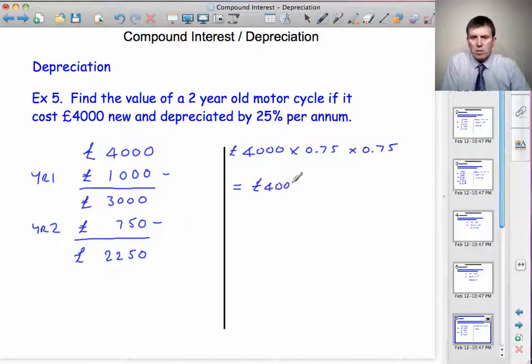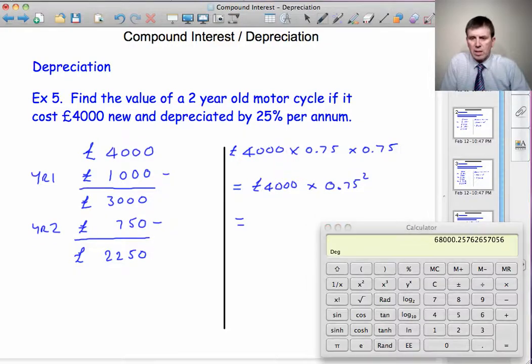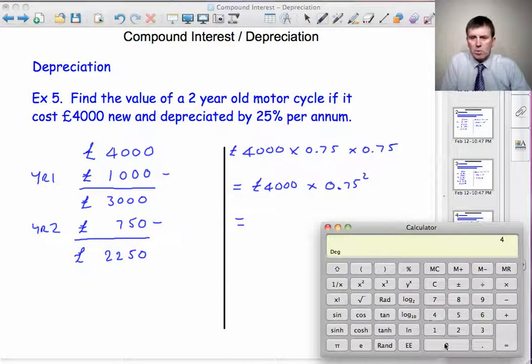£4,000 multiplied by 0.75 squared. If we do that on the calculator, 4,000 multiplied by 0.75 squared equals 2,250.